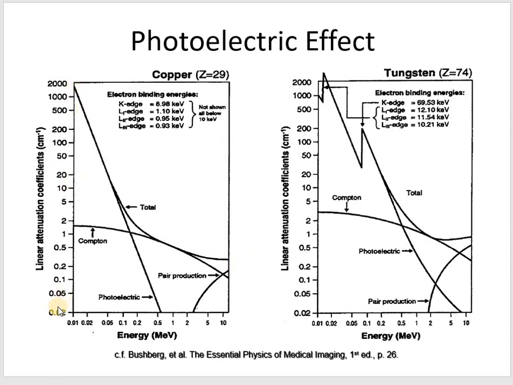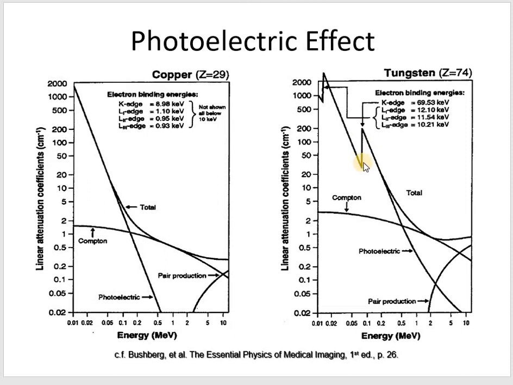So as the photons interact with the element, when it reaches the K-edge, or the binding energy of the K shell, there'll be a sharp increase in the attenuation. So the attenuation increases, say this is 30, from 30 up to 100, or let's say this is 200.